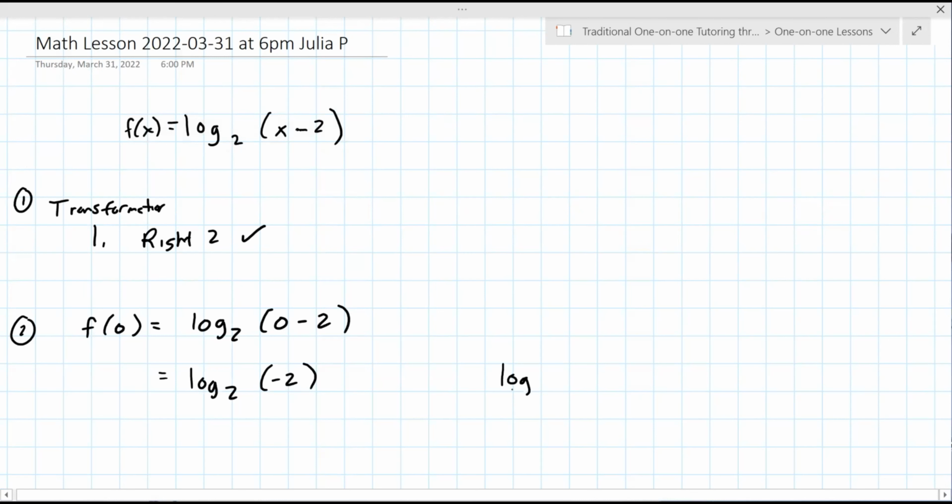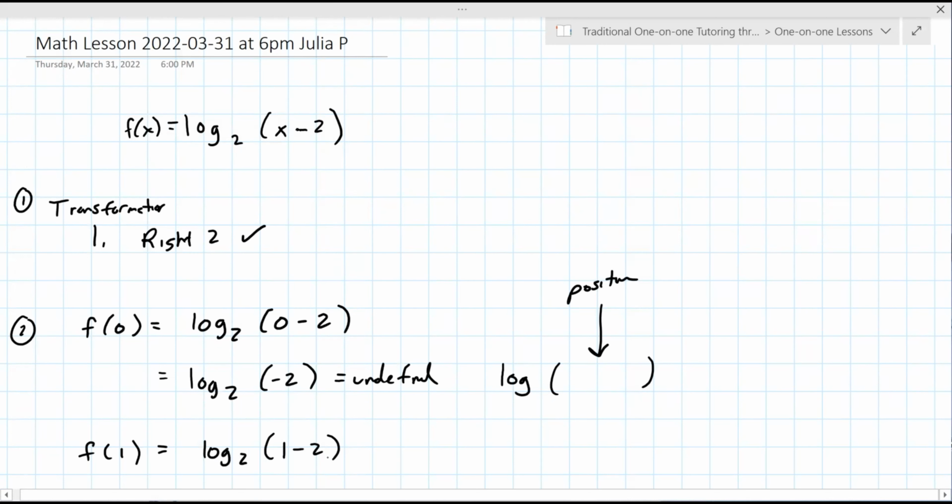The log, this part inside here, has to be positive. And that's why you may have written undefined for quite a few of them. How about f of 1? How would that be any different?